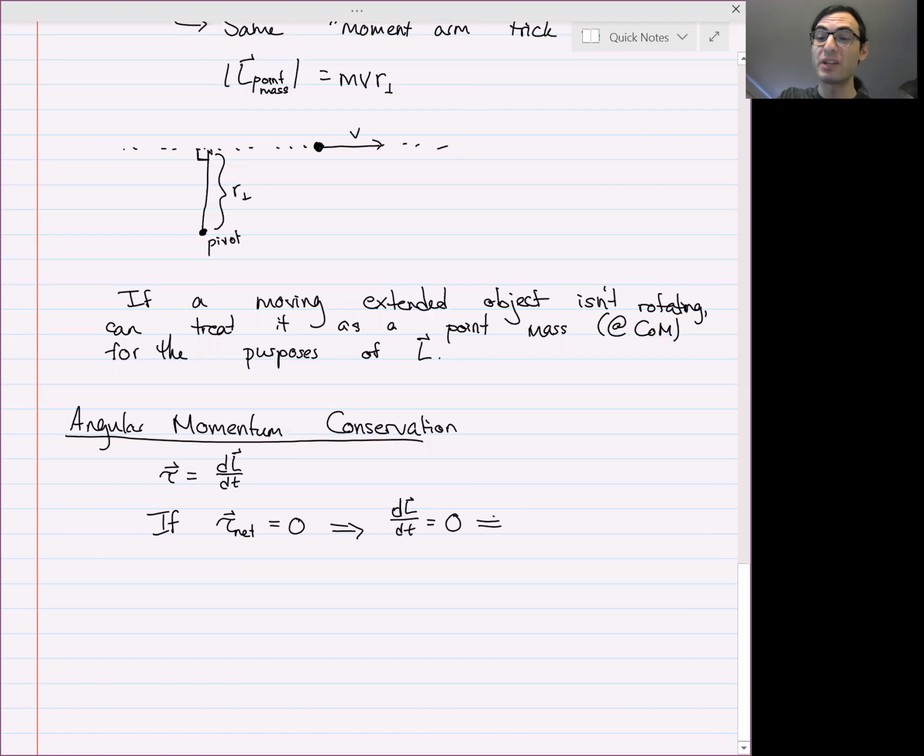And that just means that L as a vector doesn't change. And all that means when a vector doesn't change is that it's conserved. So if there are no external torques, or if the net external torque is 0, that means that the angular momentum of the system is conserved, just like how if the net external force is 0, translational momentum is conserved.